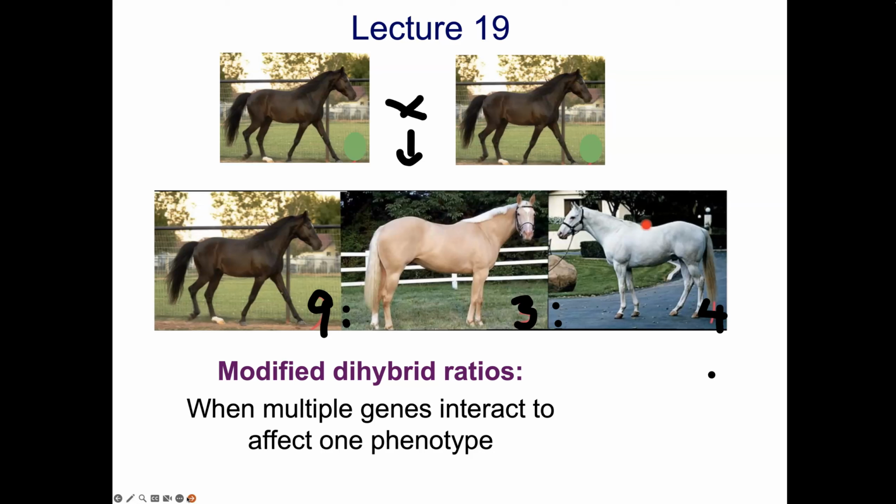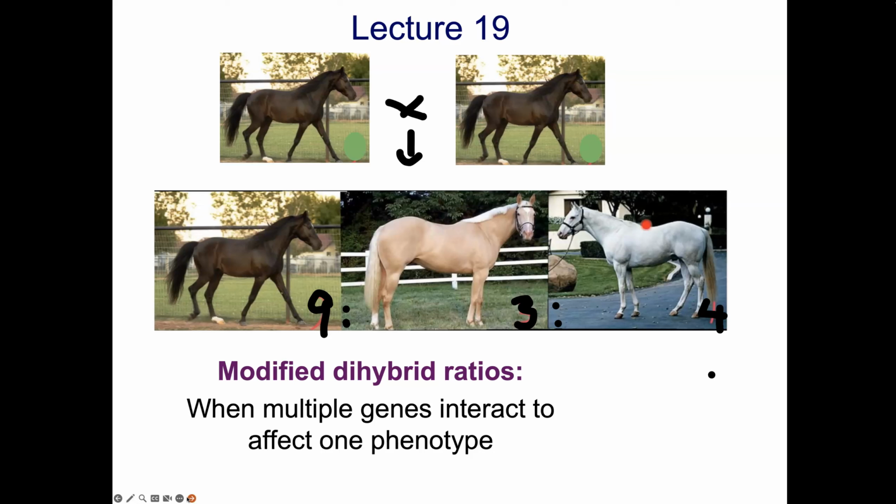What we're going to look at in this lecture, which goes on for a fair length of time, so we will definitely be taking up a lot of Friday's lecture too, is modified dihybrid ratios. We're going to look at lots of different dihybrid crosses that give those 9:3:3:1 type ratios, but then the phenotypes are not necessarily what you would expect.